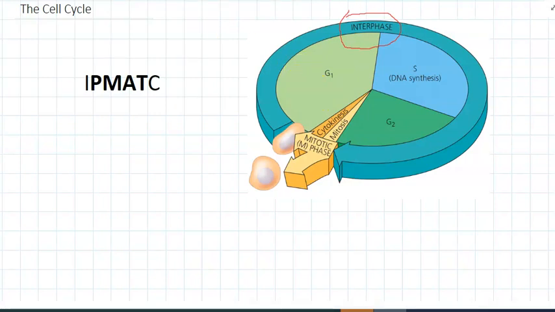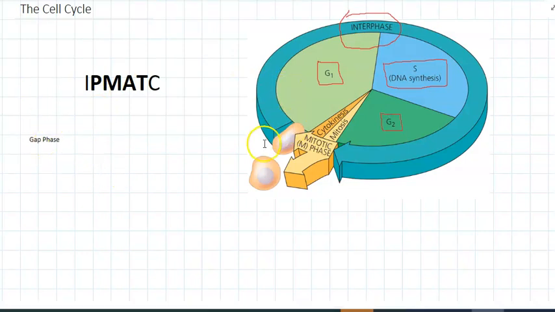Part of the interphase, though, you can see is, well, this interphase is split up into three separate phases. So there's the G1 phase, the S phase, and the G2 phase. So let's talk about each one of those and what happens at each stage.